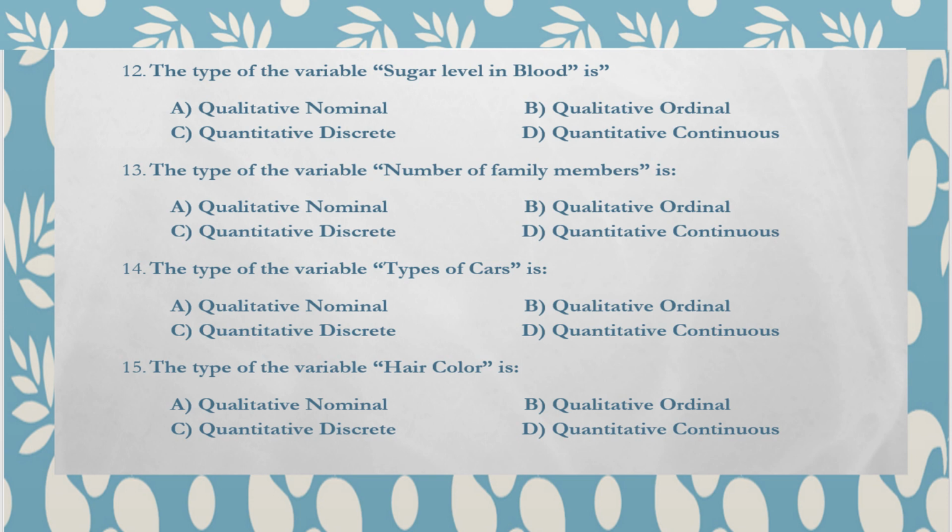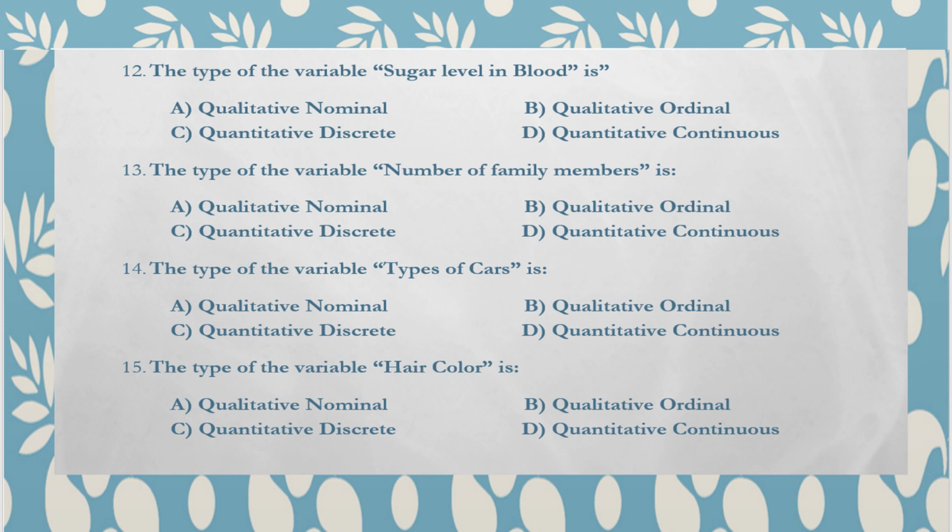Question 12. The type of the variable sugar level in blood. The sugar level in blood means a quantitative discrete variable. So this variable is quantitative discrete as it's numeric values or numeric data, but takes integer values.